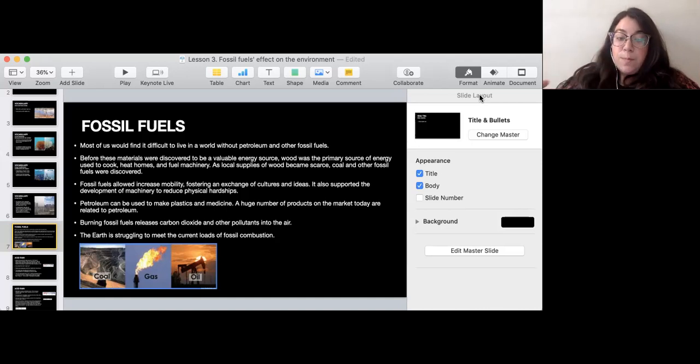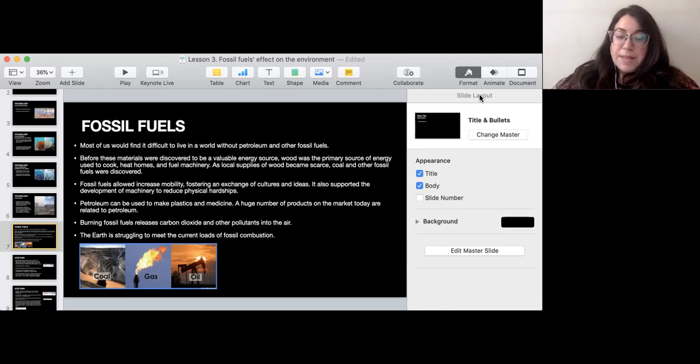They help with mobility because they help us use a car, a motorbike, an airplane, boats. So they allowed an exchange of cultures and ideas, and they also supported the development of machines to reduce all of the physical work that we did before.